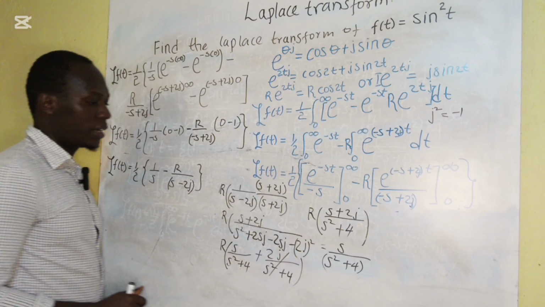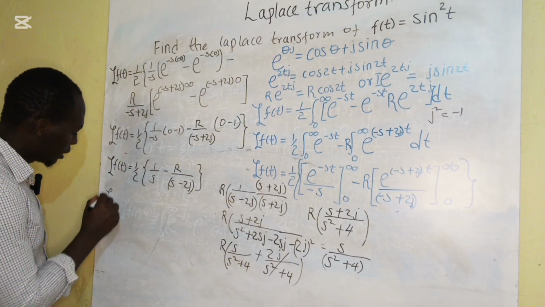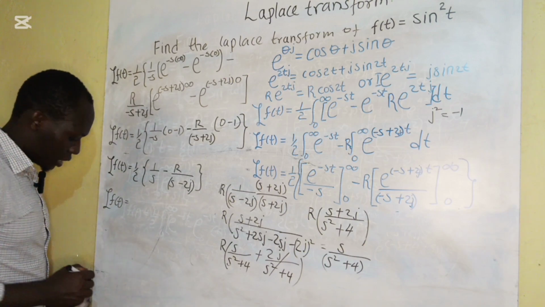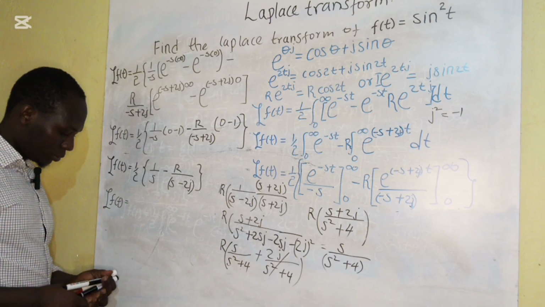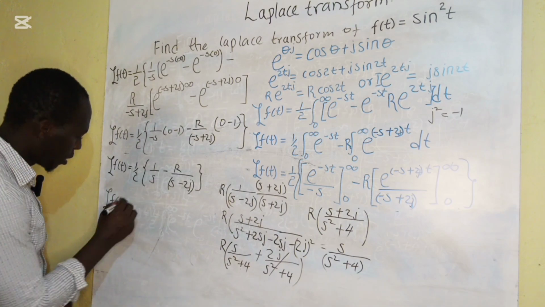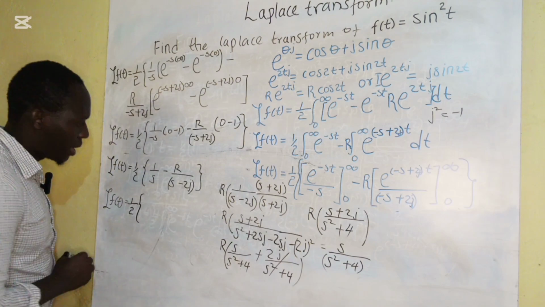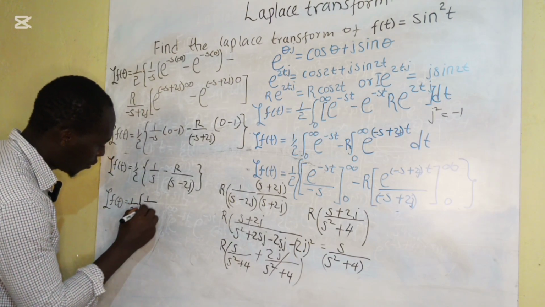Let us now get back into our working, whereby we say that the Laplace transform of our function f of t now is going to be equal to a half. We multiply by 1 all over s.